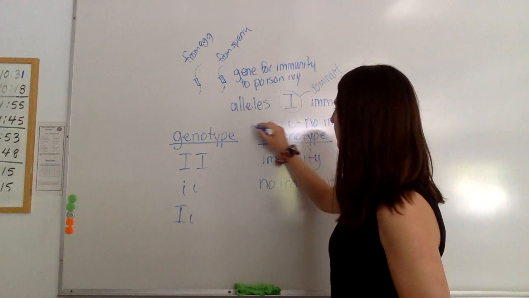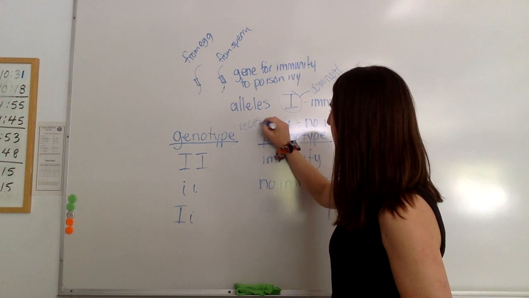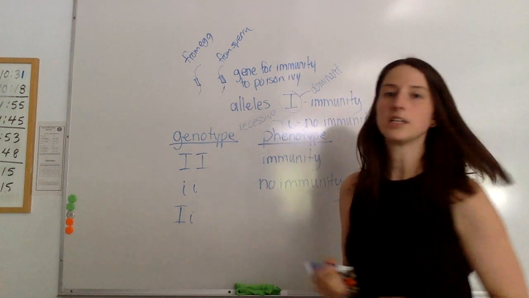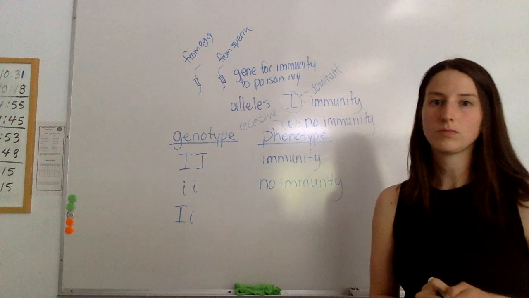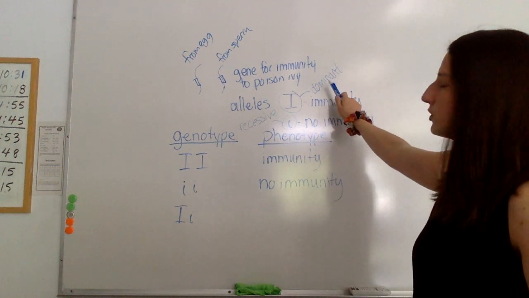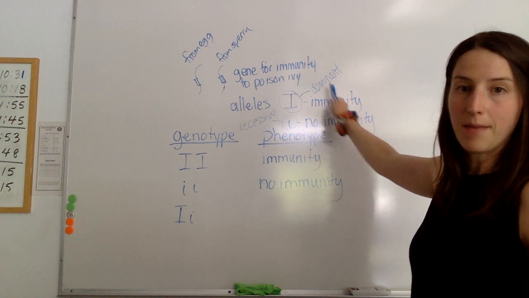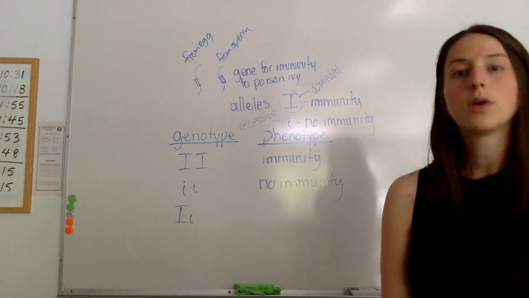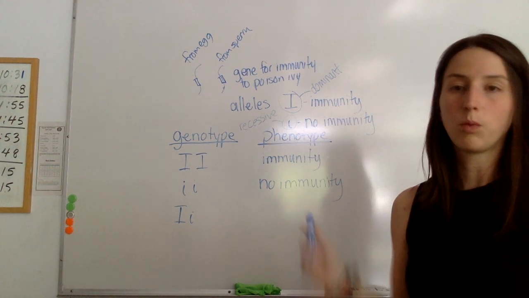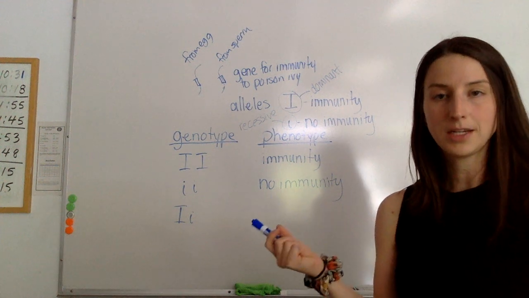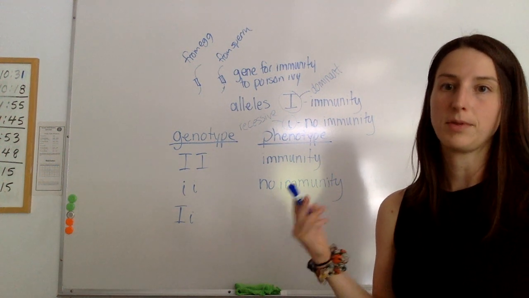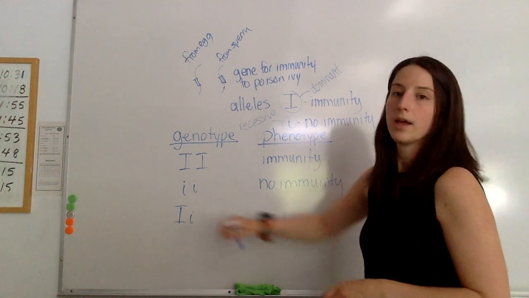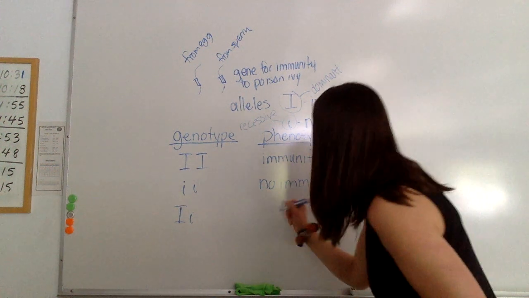So the lowercase i is recessive. So we've got a dominant allele and a recessive allele. So you actually only need one copy of the dominant allele in order to have immunity. So this person is going to still have immunity.